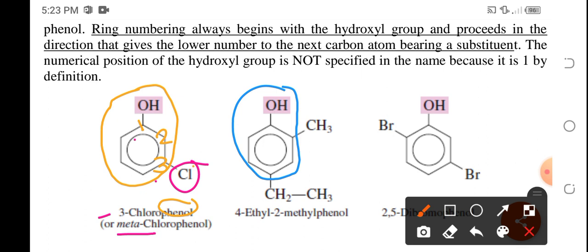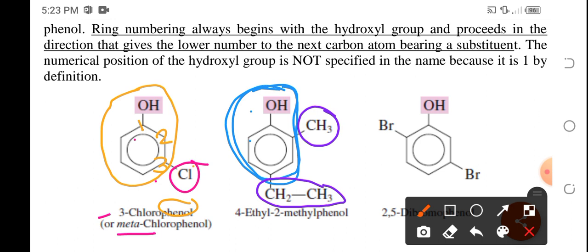These two will be collectively named as phenol. So you will no longer add hydroxyphenol because this part is already phenol. What is not included in the name phenol is this part, CH3, and this part, CH2CH3.